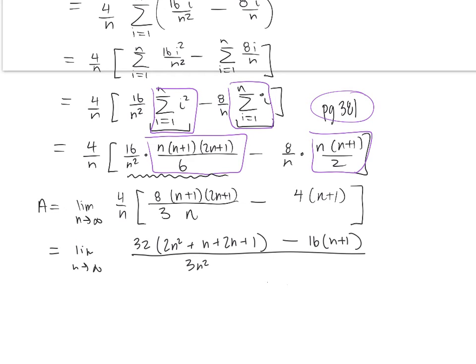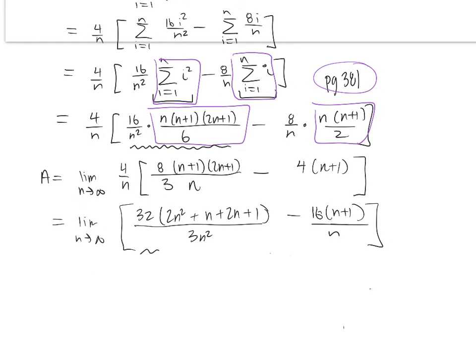Oh, shoot. First one over 3n squared, second one over n. Okay, how did I get that? What did I do? Distribute the 4 over n. And now I swear we're almost done.